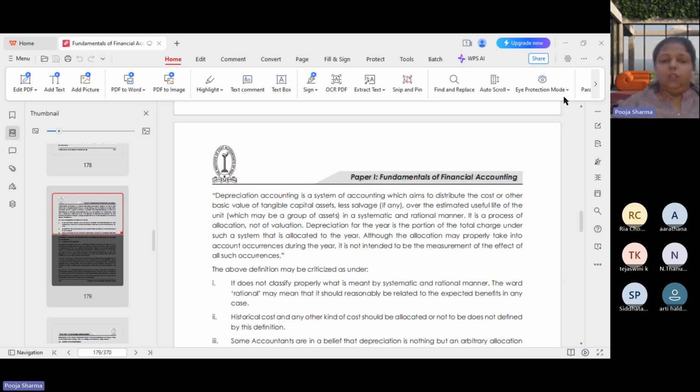Now its treatment. We will discuss how it's applicable in accounting. Depreciation is the allocation of its value over a period of time. We will show it as an expense in the income statement. In the balance sheet, it will reduce from the value of the fixed asset.